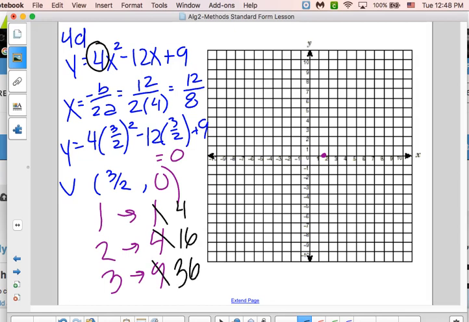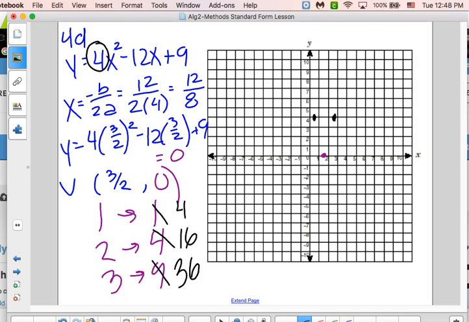So that means from our vertex, you can just count over 1 whole box. So it'll still be in the middle and then up 4. Do I even have space to get our 36 on there? No. Are there any other points that I can get on there though?